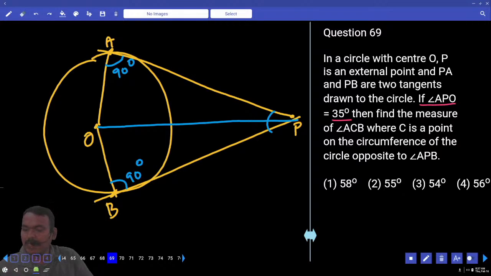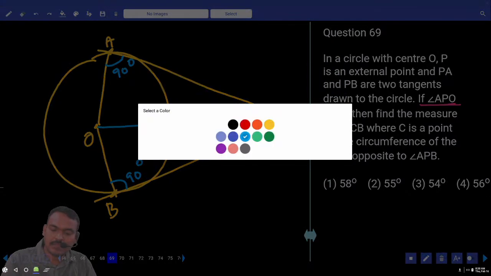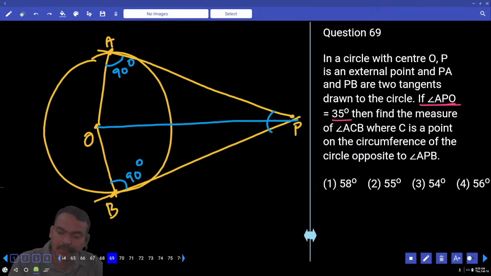Angle APO is given as 35 degrees, so this angle is 35 degrees. 90 plus 35 is 125. What is the remaining angle? 55.